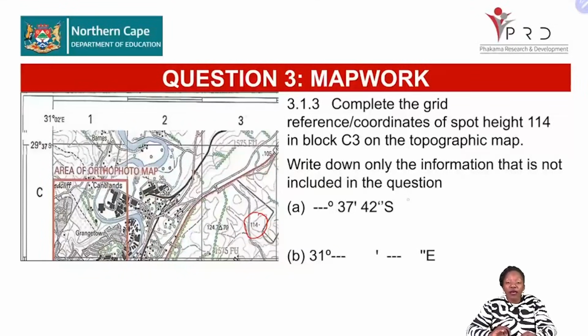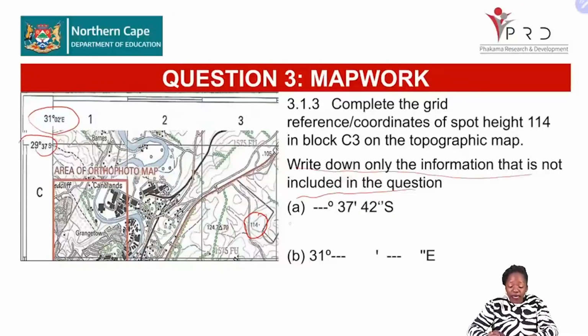You will know by now that in South Africa, we start with the south direction followed by the east direction. The maps you are using come with a direction so that you are not confused about which is the south direction and which is the east direction.